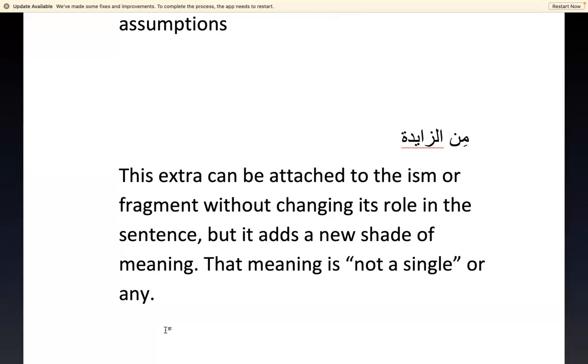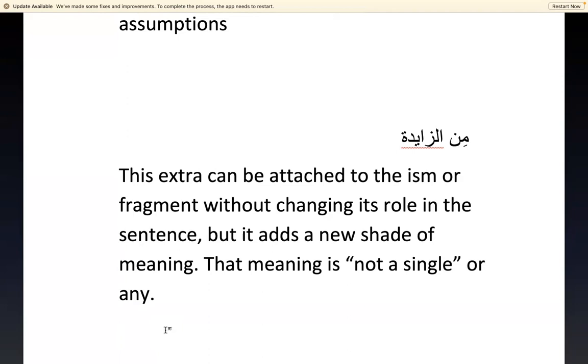It is not complete negation. So you have to make this kind of sentence, there's not a single person in the house, to make it clear that there's no doubt that there is somebody there. In Arabic, it makes a lot of sense. They will not take it seriously unless you say not a single or any kind of this. Okay, so that's why this min is playing that role.